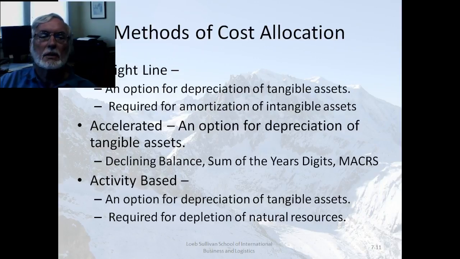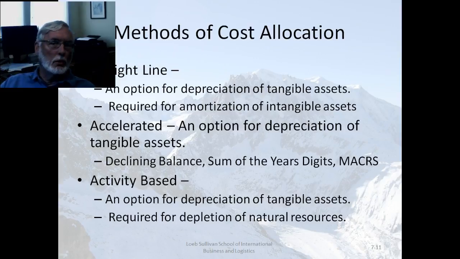So for tangible assets, there are 3 kinds of cost allocation that generally accepted accounting principles allows. So here's the first place you've seen where companies or management gets to decide how to record an accounting transaction.